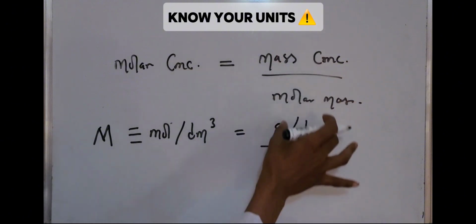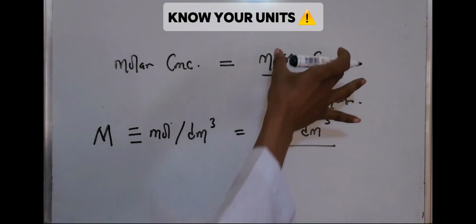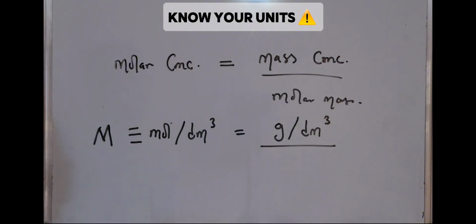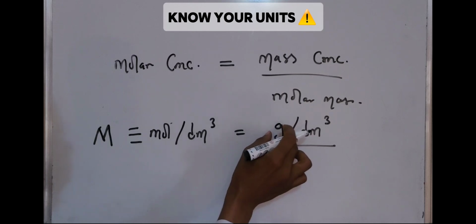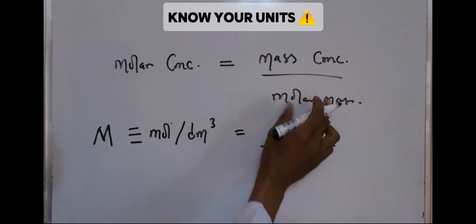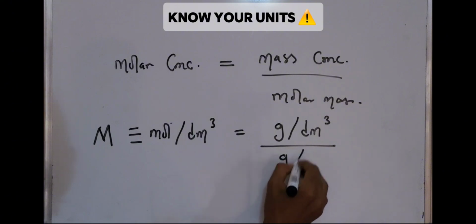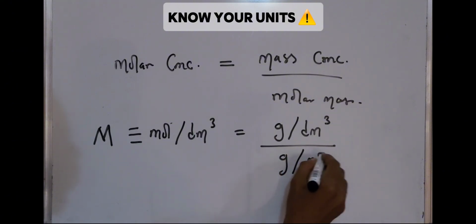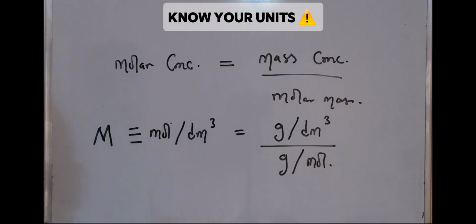So wherever you see this unit, it's talking about the mass concentration, that is mass of that substance in 1 dm cube of the solvent. So molar mass has to do with just 1 mole of that substance, the mass of 1 mole of that substance, okay?